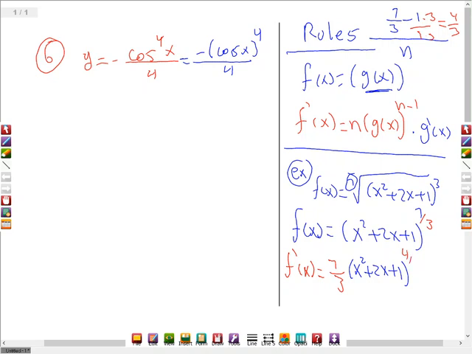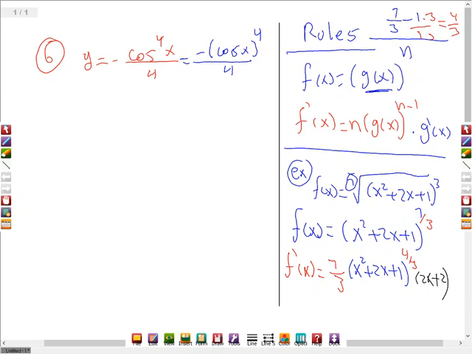The last step is to derive the function inside, x squared plus 2x plus 1. The derivative of x squared is 2x. The derivative of 2x is 2. The derivative of any constant is 0. That's my answer.